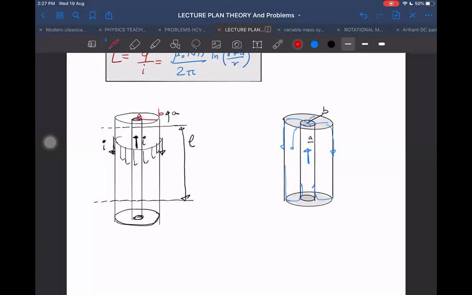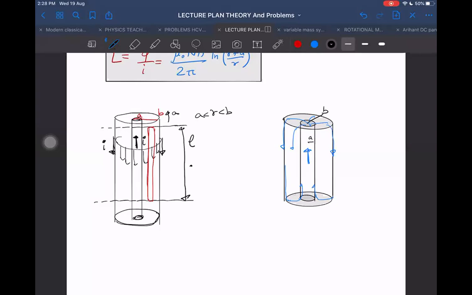To find out self-inductance in this case, I want to find out the flux through an area. So imagine what kind of area I should take where the flux exists. Everybody knows that flux exists only when r is between a and b. Outside the flux will be zero, the field will be zero. Why so?